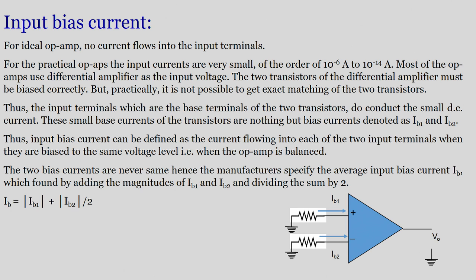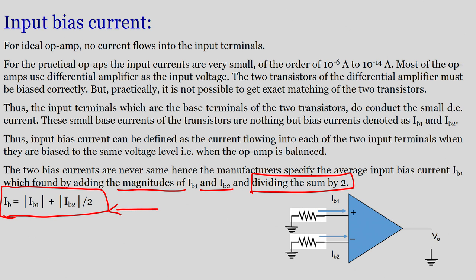That is why, when we get the operational amplifier, the manufacturers already give us the formula. This is the formula that you have to remember when you take an example of an input bias current.